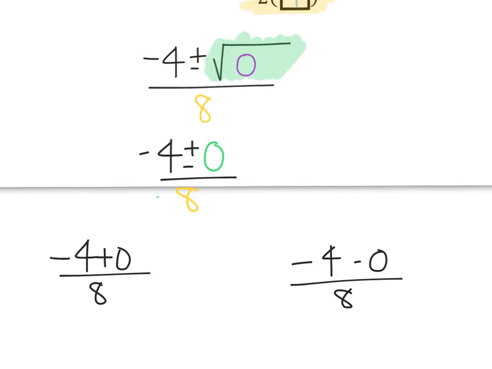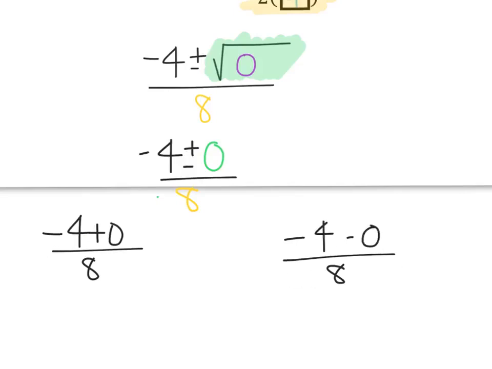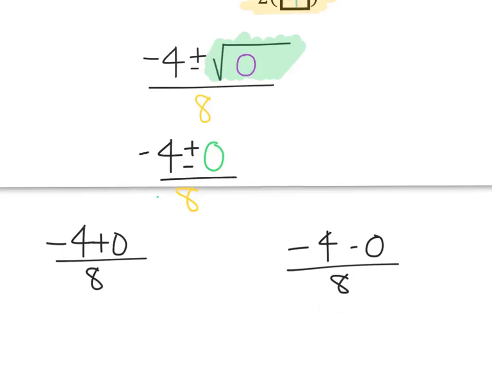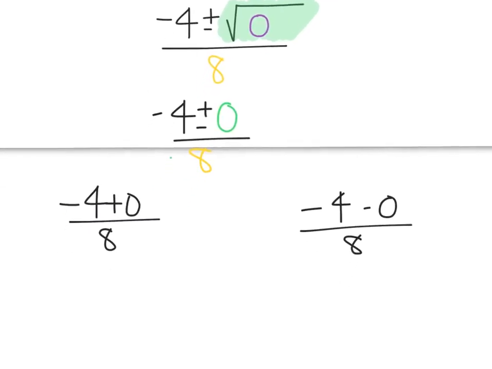And we need to do a little bit of math because notice that this problem ended up different than the last one. The reason is that there are no square root symbols there. It's just all numbers. You can plug that in the calculator if you want, or you can just do the math. On top we have negative 4 plus 0, which is negative 4, divided by 8. And negative 4 divided by 8 is negative 1/2.